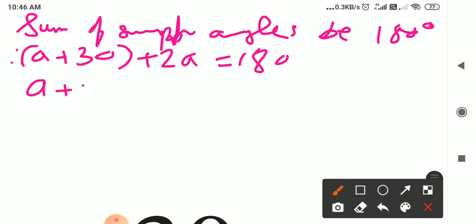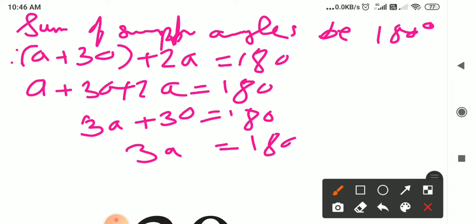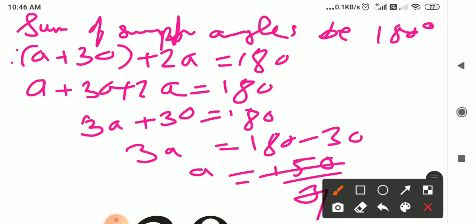So a plus 2a is 3a, plus 30 equals 180 degrees. So 3a equals 150. Each step in the example is important because each step carries marks. Even if you write only the answer you get half the marks. 3 fives are 15, so a equals 50.